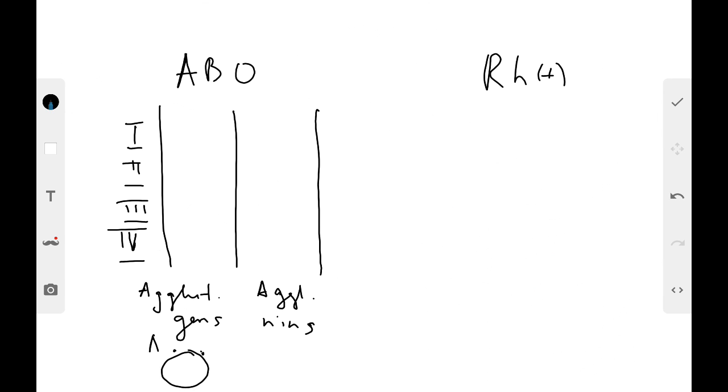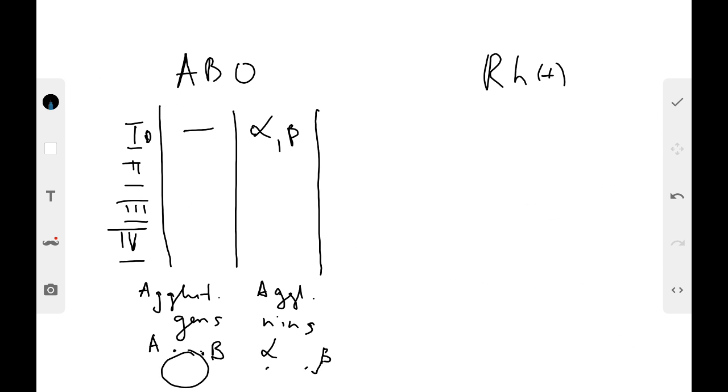They may be A and B, and agglutinins are antibodies which may be found in the blood plasma, and they may be alpha and beta, Greek letters. So the first blood group, which is called also O, contains no agglutinogens, but this blood group can contain agglutinins alpha and beta.